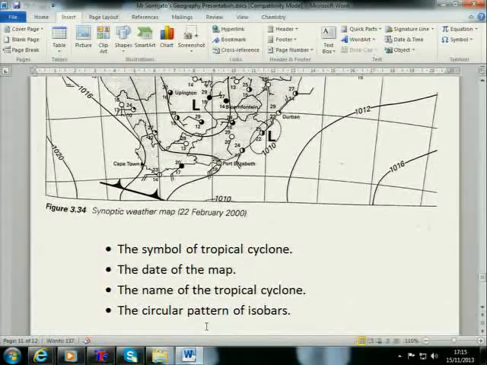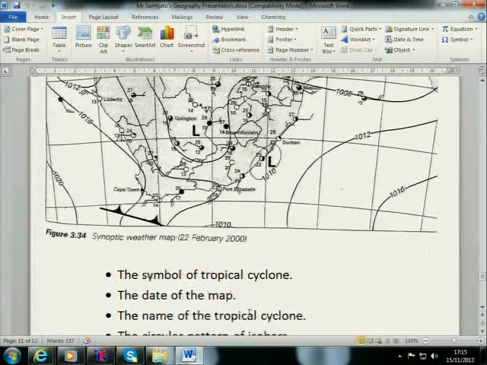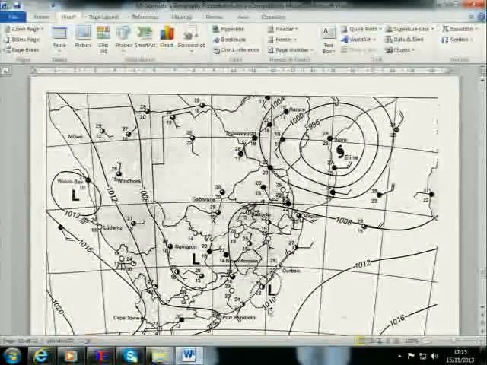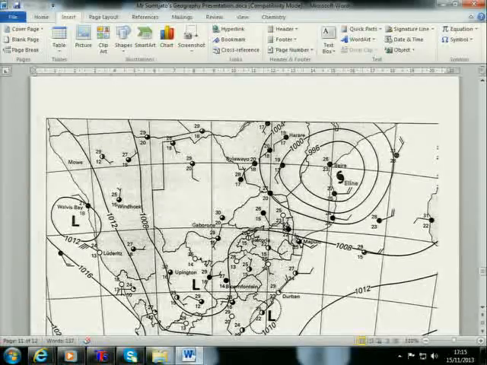Then, the circular pattern of the isobars, like all other low pressure cells, which are made up of circular isobars. The tropical cyclone also has got the circular isobars. This is how you can recognize the tropical cyclones on the synoptic weather map.